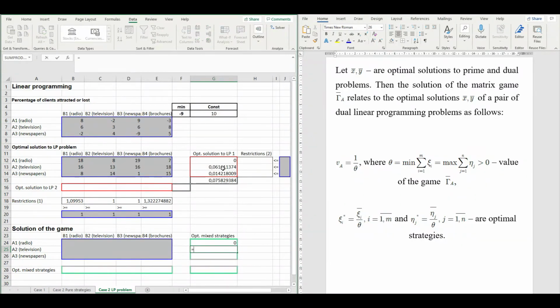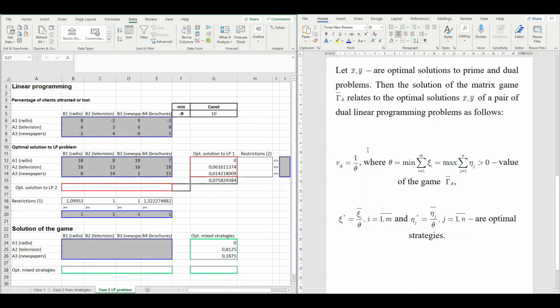So it is Xc with line 2 over theta, and it is 0.8125. And let us find the last element of the optimal strategy of the first player. It is Xc3 with line over theta, and it is 0.1875.